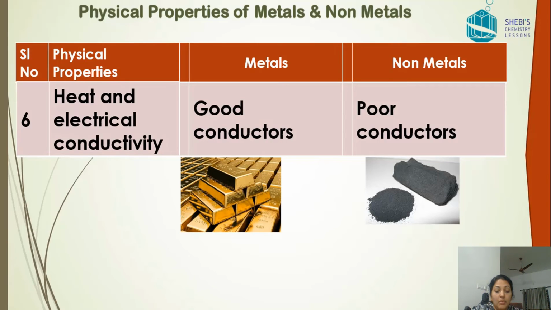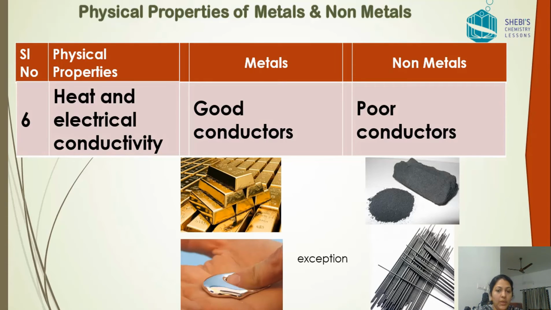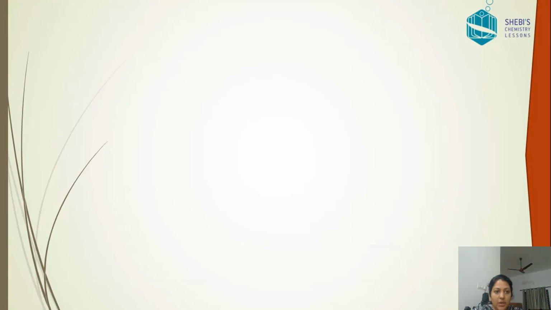Silver is the best conductor of electricity and second place is for copper. So, exceptional cases are there. For example, metals like mercury, lead, etc. are bad conductors of electricity. And in the case of non-metals also, exceptional cases are there. For example, graphite, which is a form of carbon, is a very good conductor of electricity.